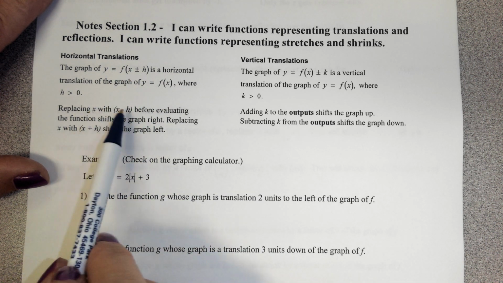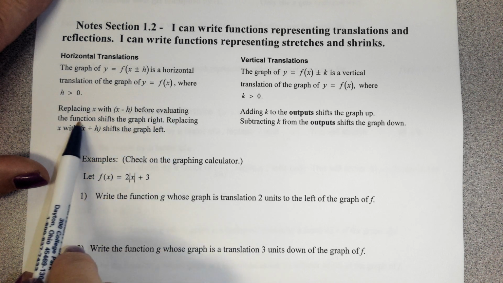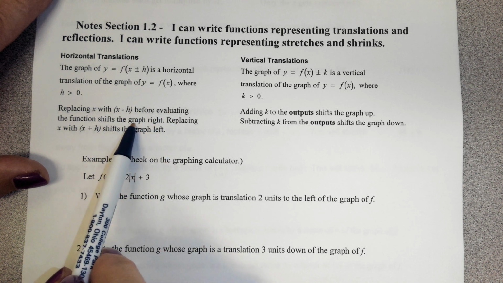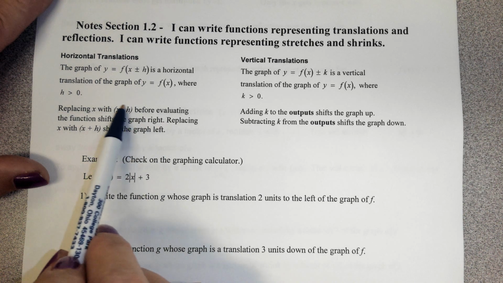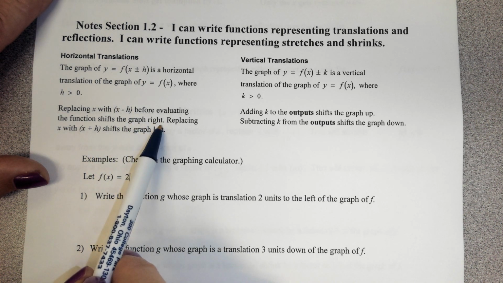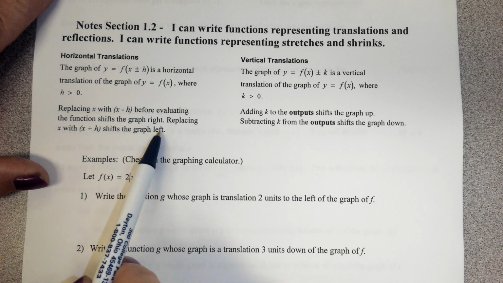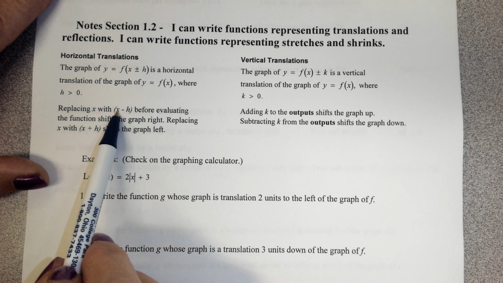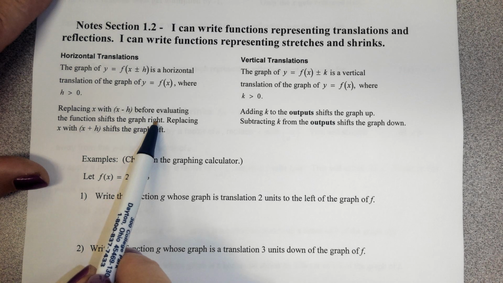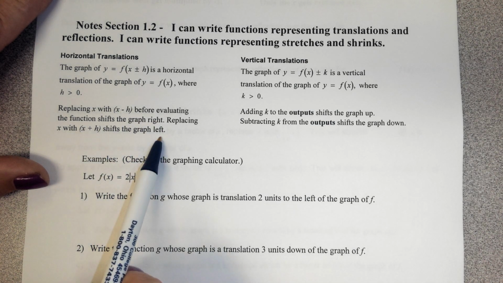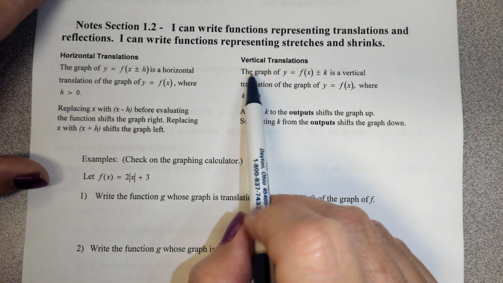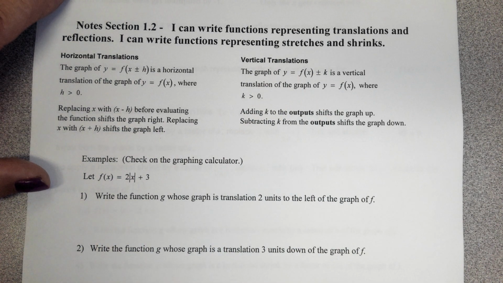If we replace x with x minus h before evaluating the function, this shifts the graph right. So whenever x turns into x minus h, we go right. Replacing x with x plus h shifts the graph left. So it's kind of the opposite. X minus h takes us right, x plus h takes us left. Alright, so we're going to be looking at that here in just a minute.